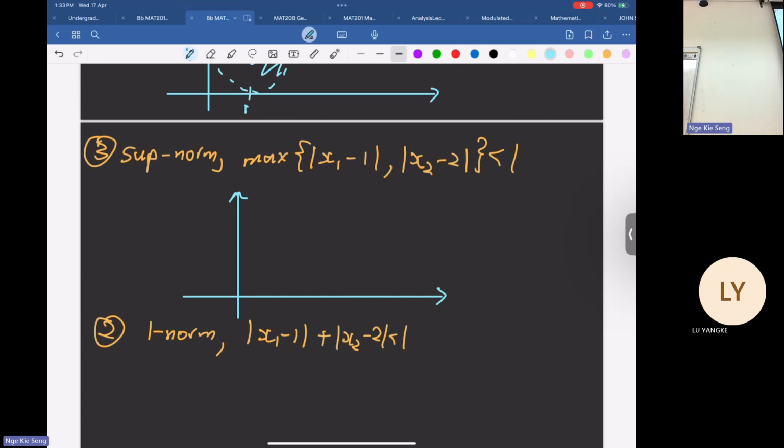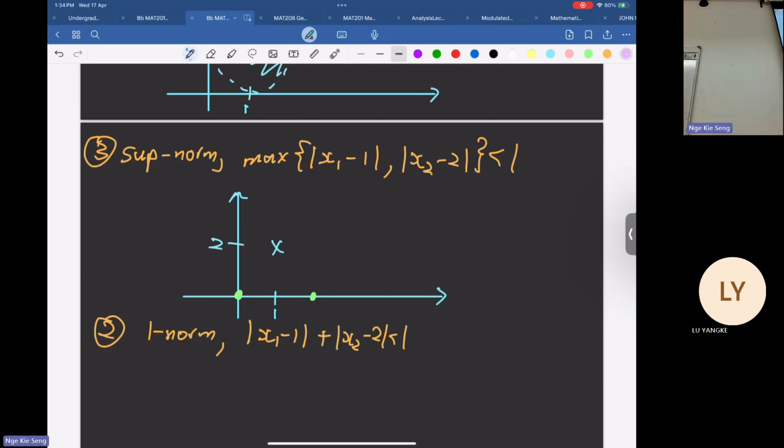So where's the center here? The center is (1, 2), let's say here. Is it a bit too high? Let me move it down a bit. So 2 here, 0 and 2. And x1 can go from 0 to 1 to 2, so from here to here. Then x2 can go from 1 to 3.